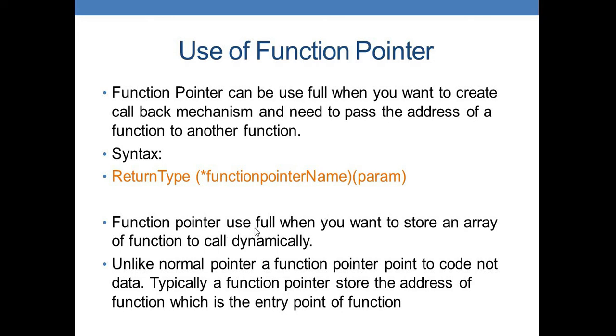A function pointer is also useful when you want to create an array of functions called dynamically. Unlike a normal pointer, a function pointer points to code, not data. Function pointer always points to code, not data. Typically, a function pointer stores the address of a function, which is the entry point of the function.